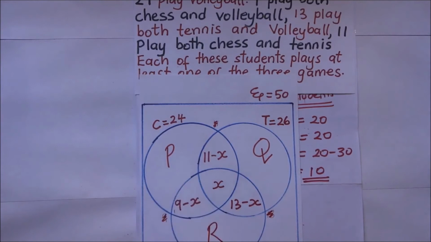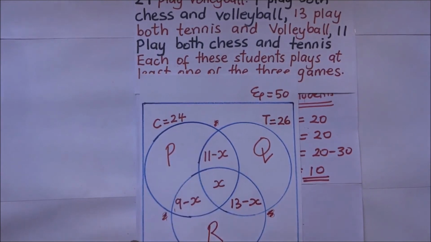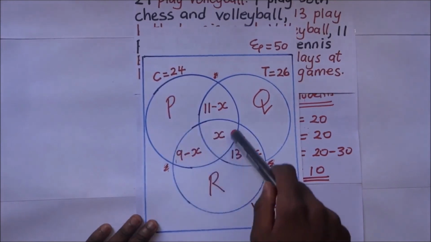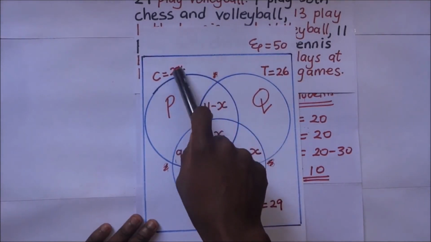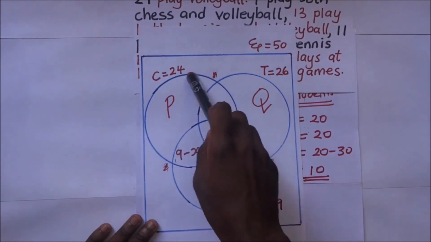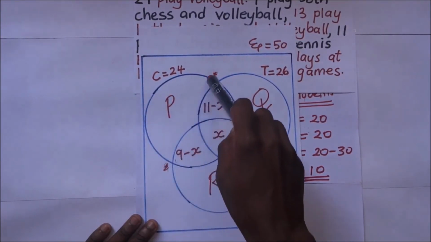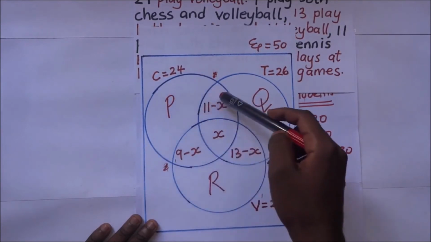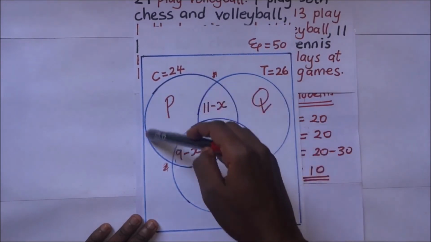So the value of P here is going to be, we get this circle, it is 24. The number of people who play chess is 24. So the people who play chess only is going to be 24 minus these, because this is the whole circle.